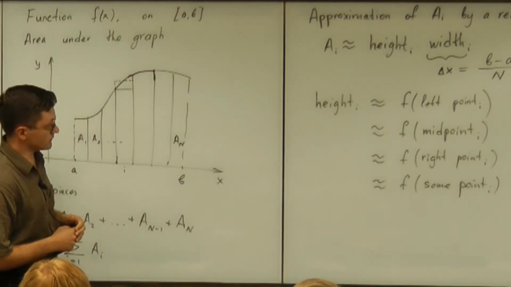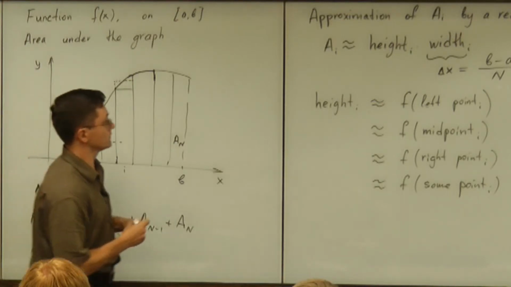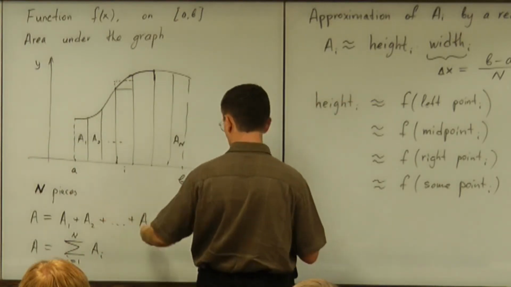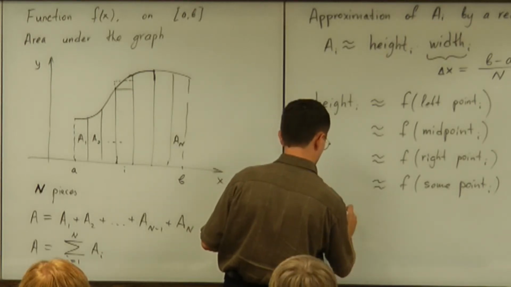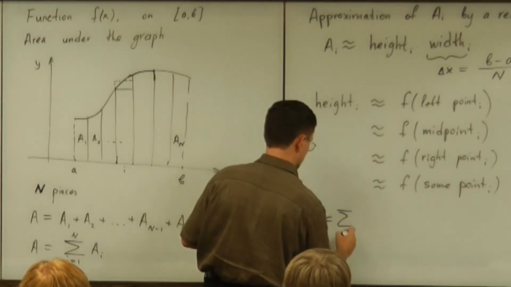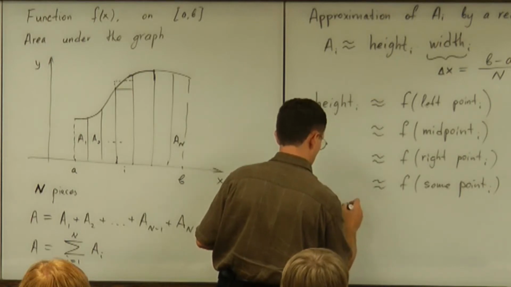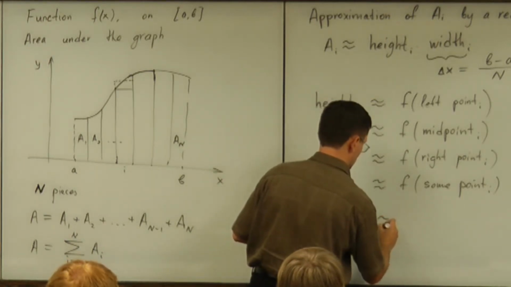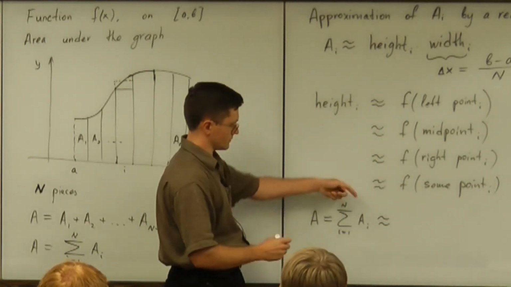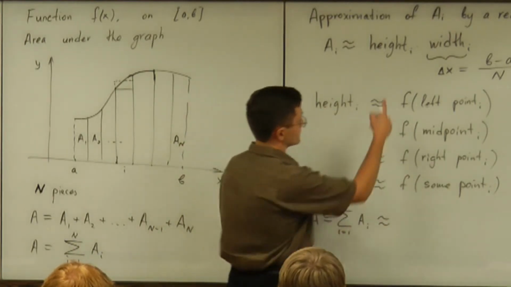Alright, and so what do you do with that approximation? Well, then you say that the area, which is exactly equal to the sum of areas A_i, is approximately equal to the sum of those products.